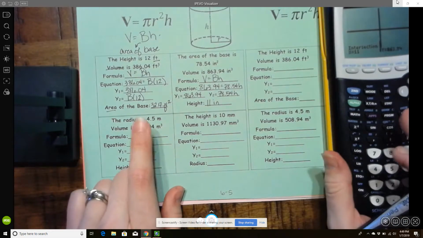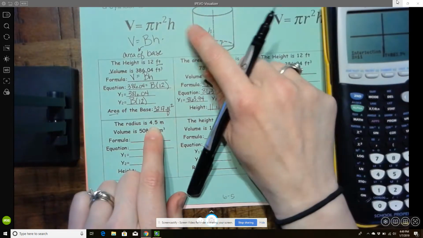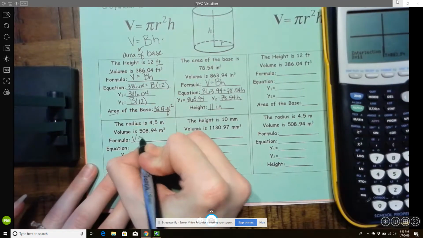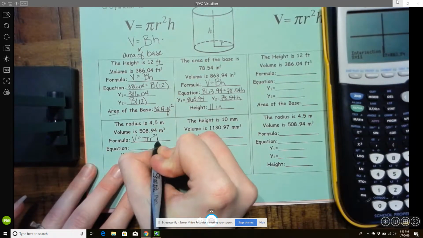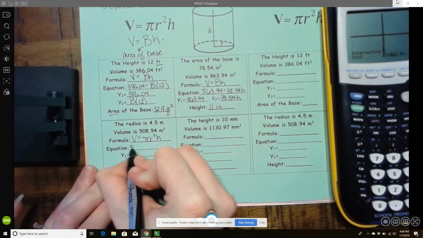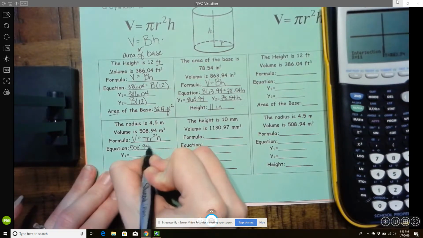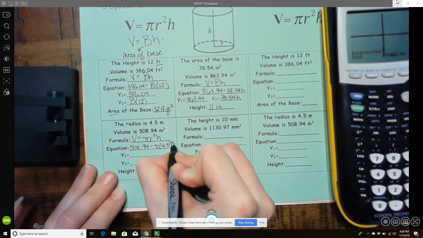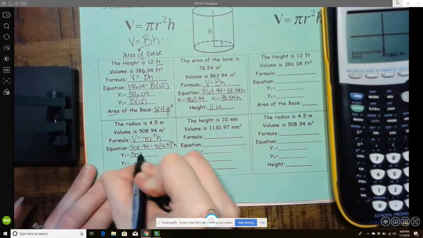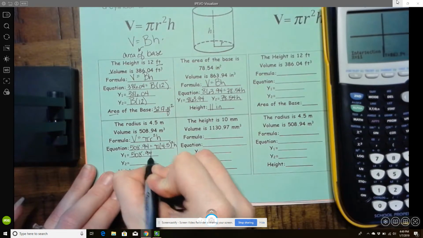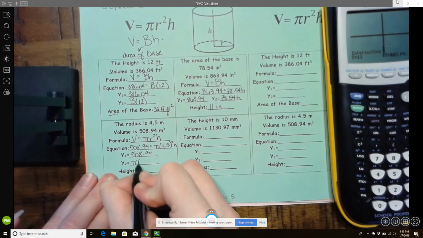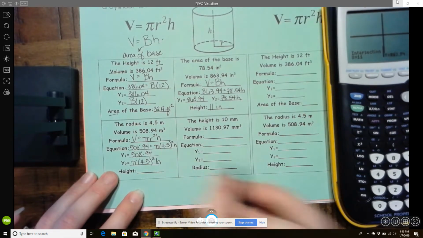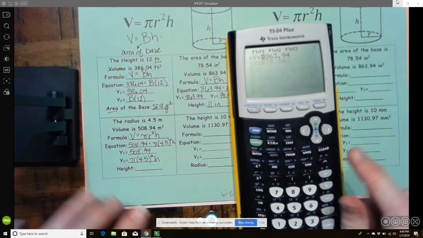All right, here we go again. Now they've given us the radius. So this is when I need to use this formula here. So volume equals pi r squared h. So my equation, so I know the volume, and I know the radius. So y1 is going to be 508.94. Y2 is pi times 4.5 squared times the height.